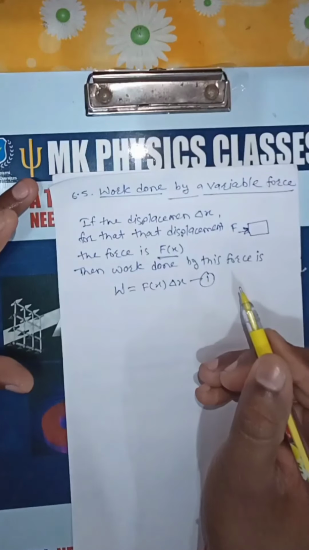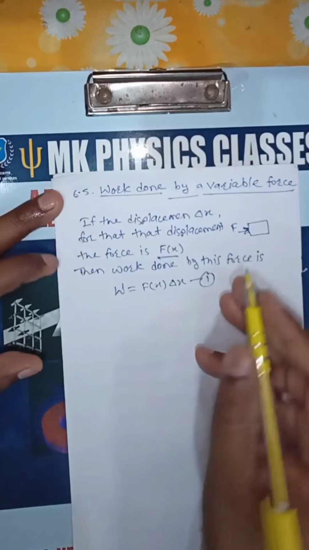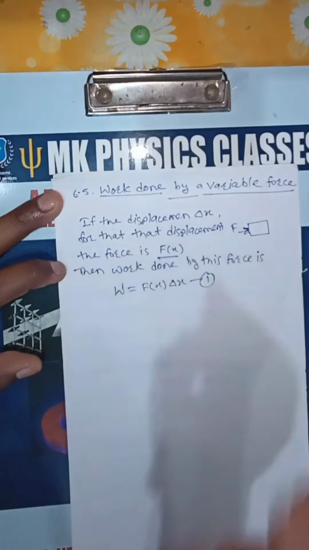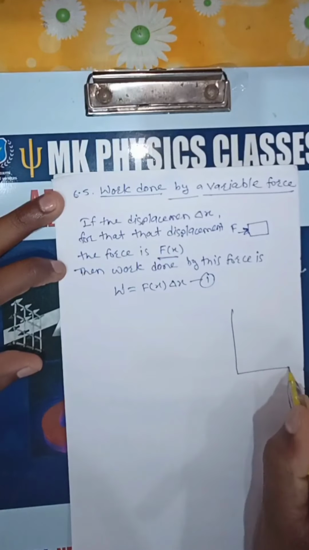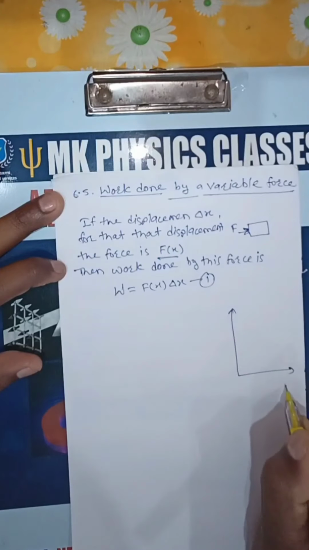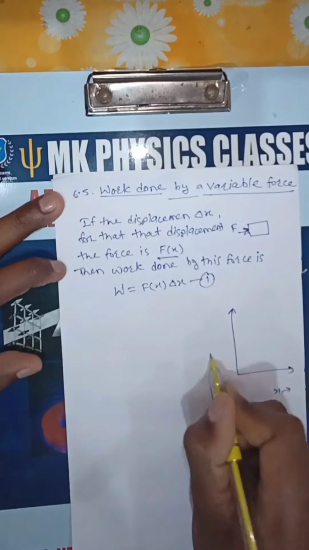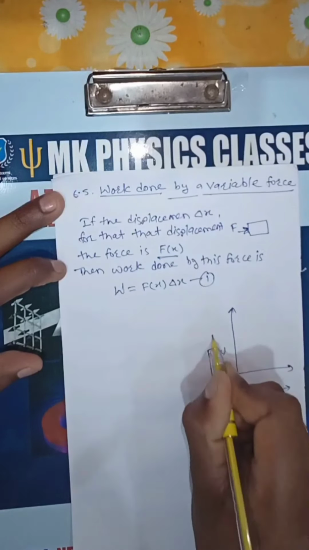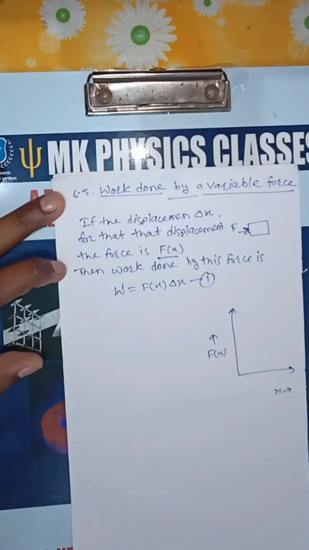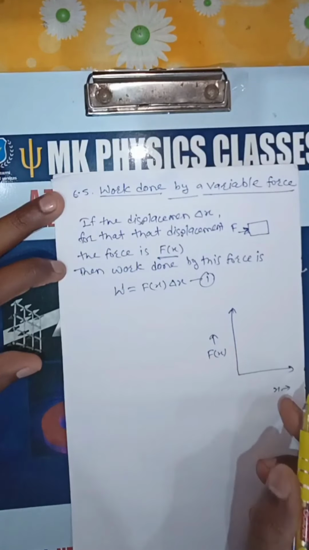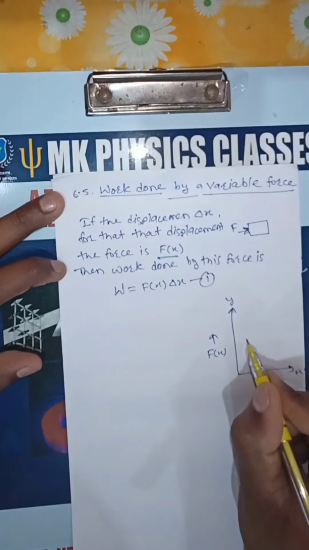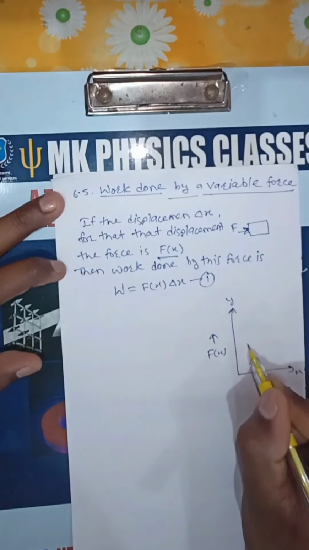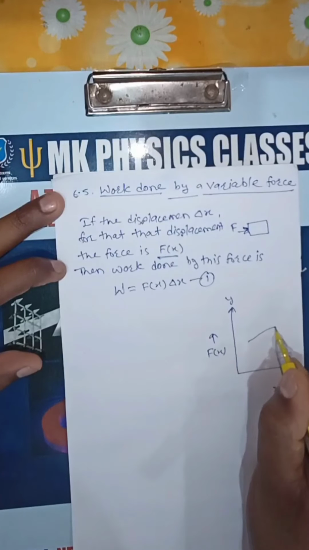Then for a variable force, see here, this is the graph. This is the displacement x along the x-axis, and this is Fx, the force along the y-axis. Now we have to consider that the force is a variable force.